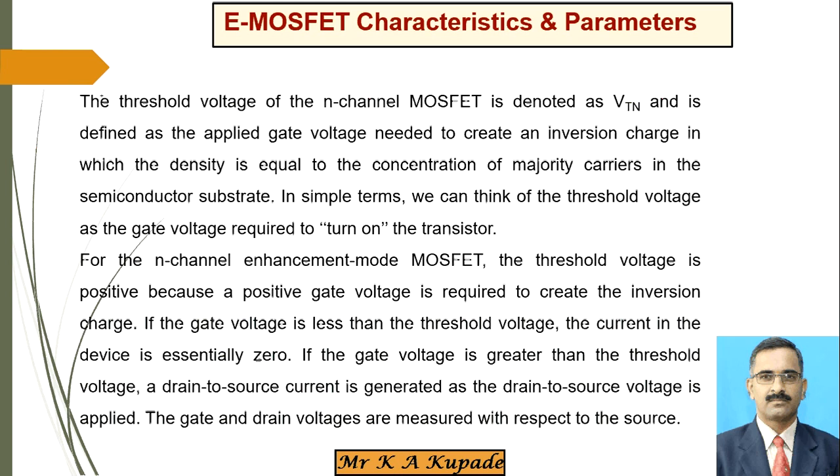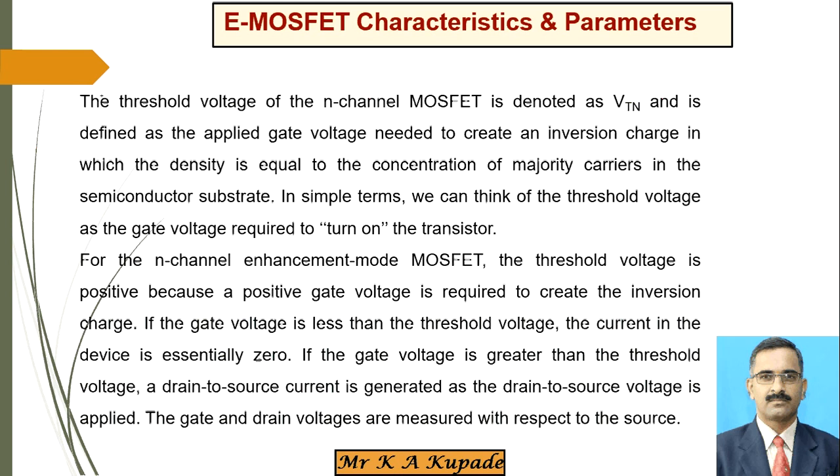Now, for the N-channel enhancement mode MOSFET, the threshold voltage is positive because a positive gate voltage is required to create the inversion layer which is required for the flow of drain current. If the gate voltage is less than the threshold voltage, the current in that device is nearly zero, right?